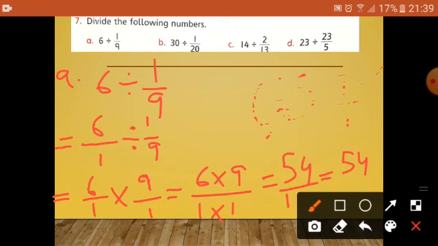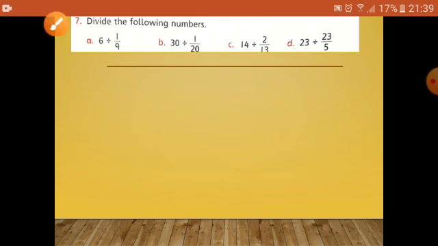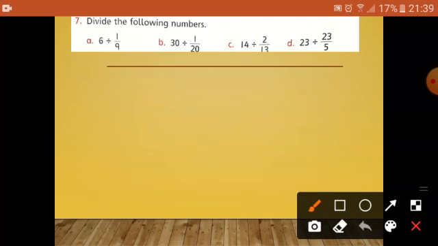In the same way, we are going to learn different parts of this question, different questions relevant to division. Let's see how. Suppose I am talking about D part of it, so this is 23 divided by 23/5.